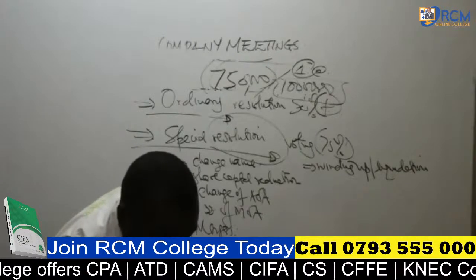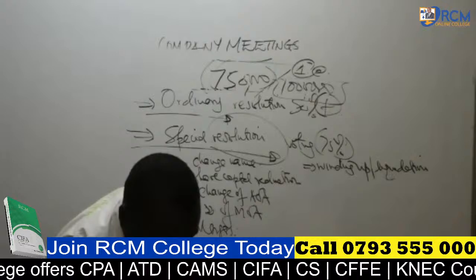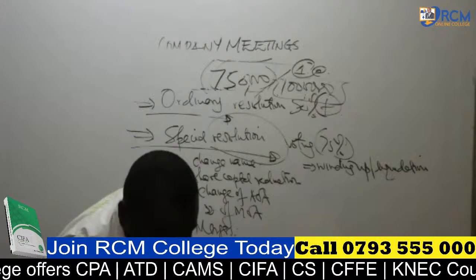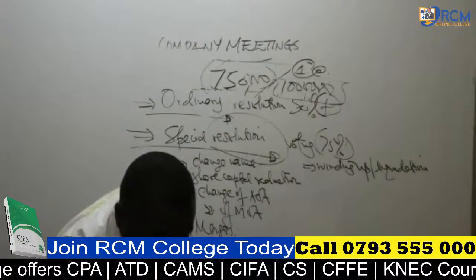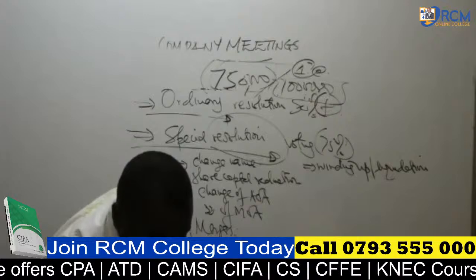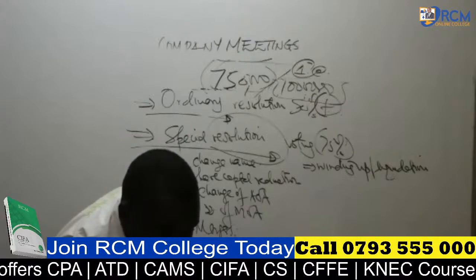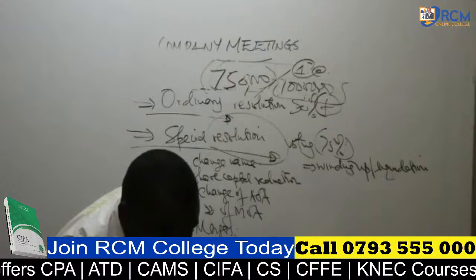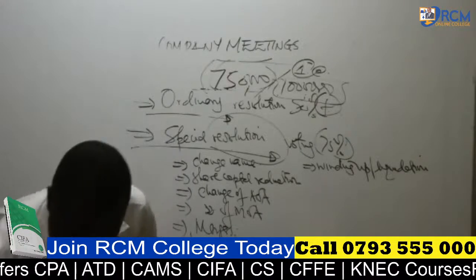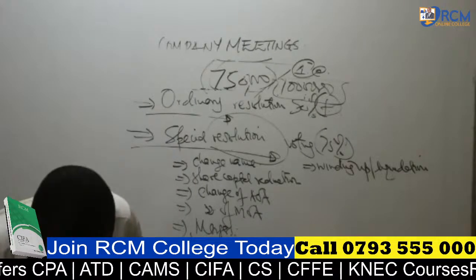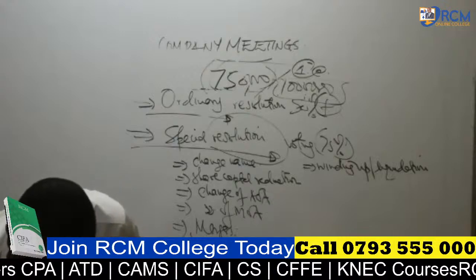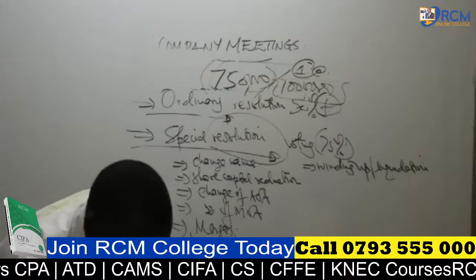They're saying it's the last sitting, Question 4, September 2021. Explain 7 requirements necessary for the passing of special resolutions in the company meeting.